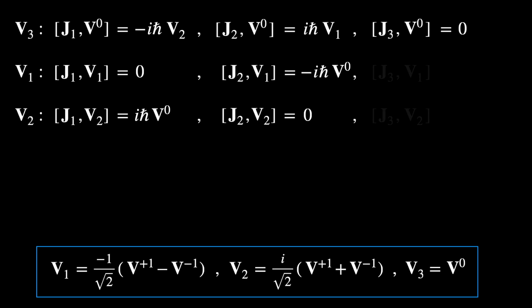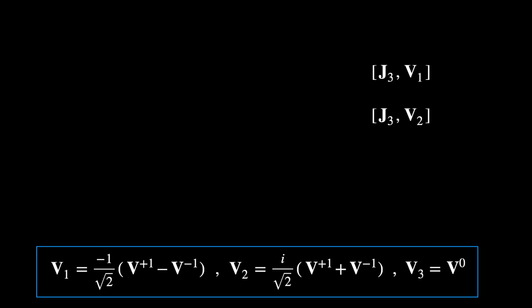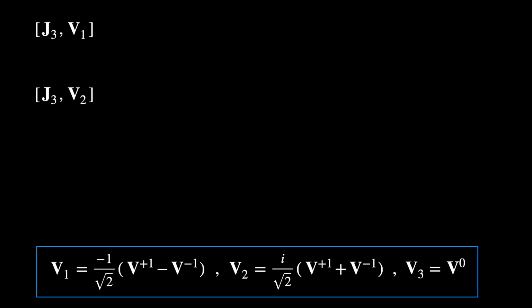Now we are left with the last two commutators that we have to check. Let's put all the relevant constant factors up front. These two commutators are encapsulated by the following generic term.